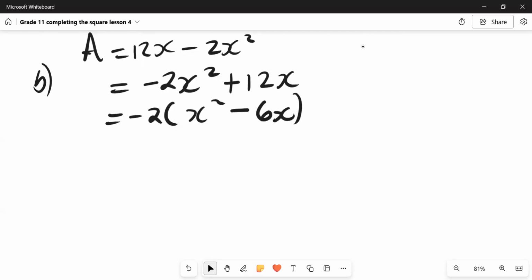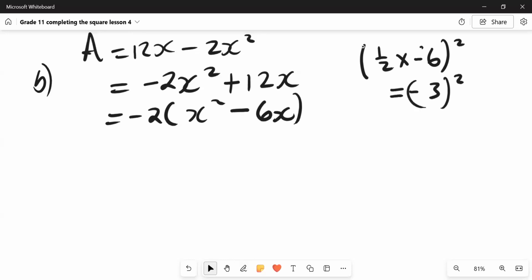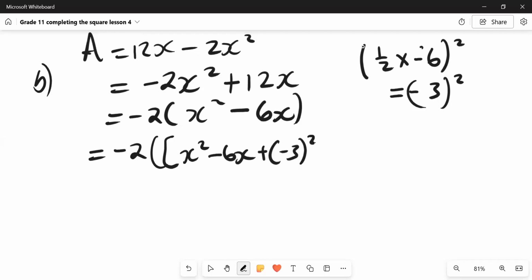So you have your 1 over 2 times negative 6, squared. And this will give us our negative 3, all squared. And then from here, we come back, minus 2. You'll have your x squared there, minus 6x, and then plus negative 3, all squared, close bracket.